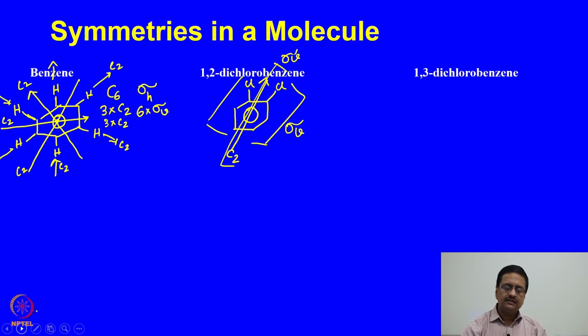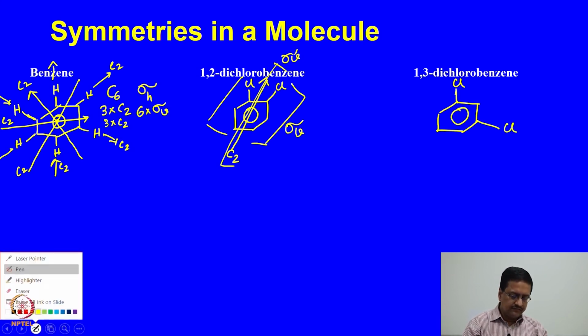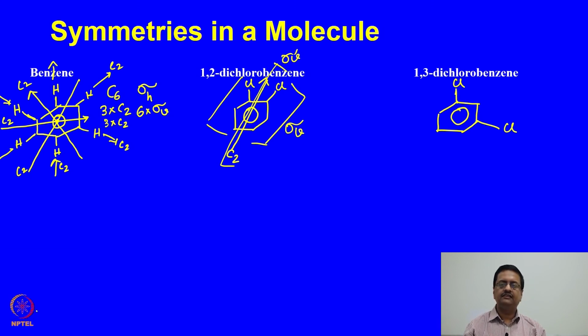Let us see 1,3 dichlorobenzene. So, here also, if you look at it very carefully, we have lost the privilege of C6, but it is also very similar to 1,2 dichlorobenzene, because it has a C2 axis.